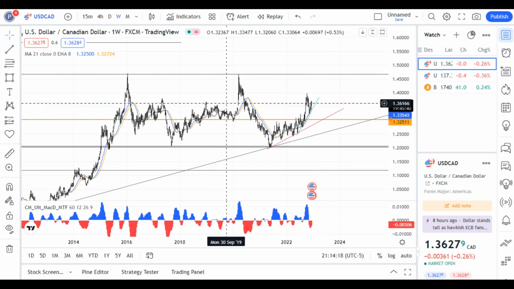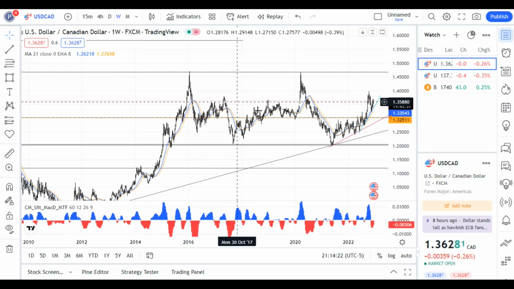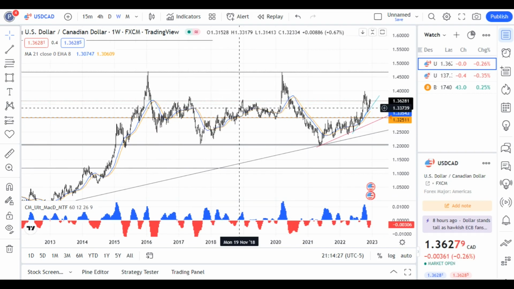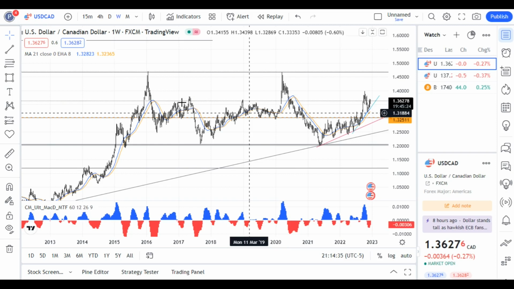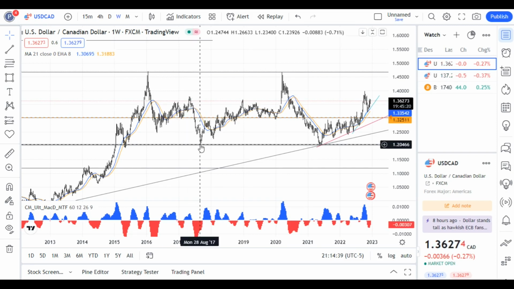So I think there is something here that we couldn't notice. So let's check and see. Yes, we have market reach here and returned, also reach here and returned. Actually there was a little bit of breakout here before it returned down massively.